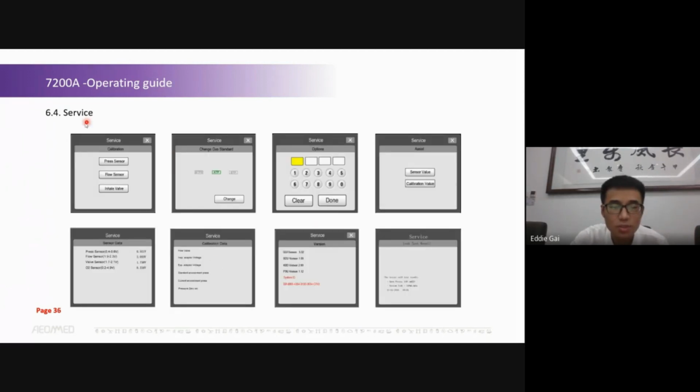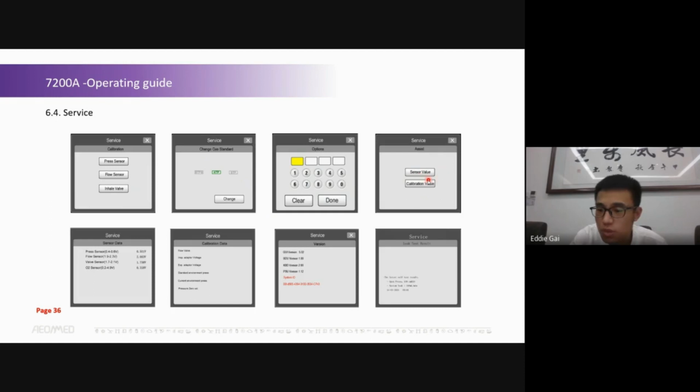Okay, next part is the detailed calibration for the pressure sensor, flow sensor, and valve, change the gas standard, and input new codes of the configuration, such as the carbon dioxide function.